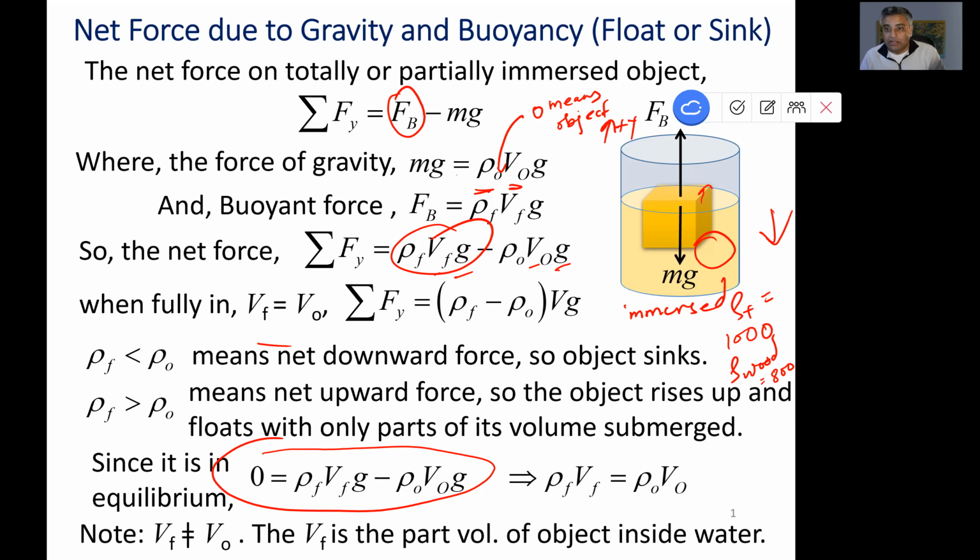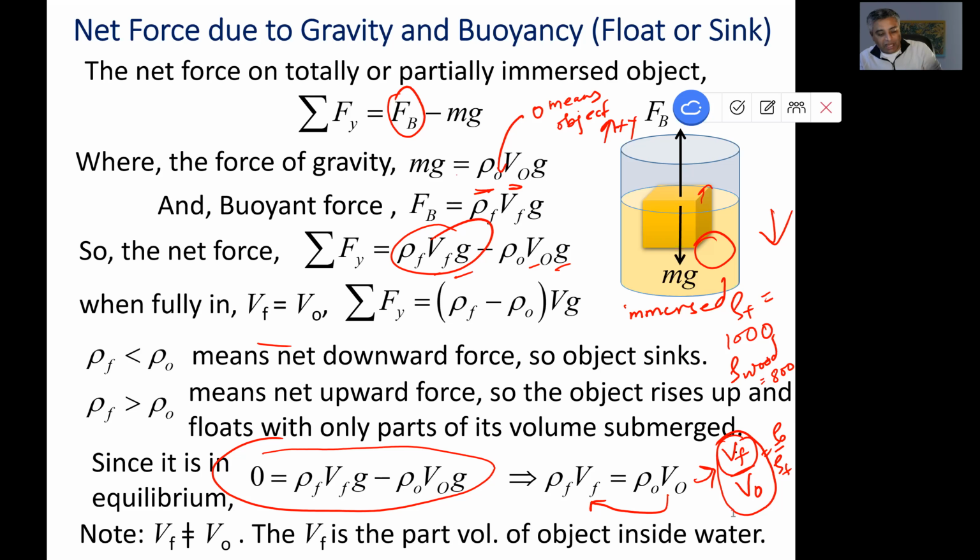Yes. So now, let's suppose I want to solve for the volume of the fluid displaced over the volume of the object from this equation. So what fraction is going to be outside? This volume of fluid displaced is equal to the volume of the object that's inside. So what fraction of the object is going to be inside?